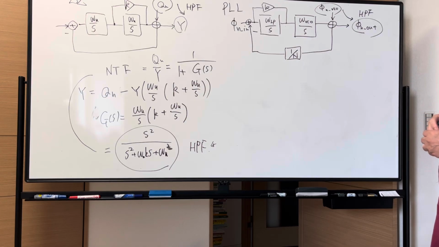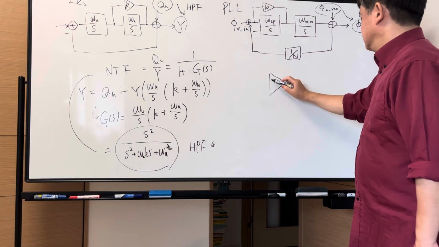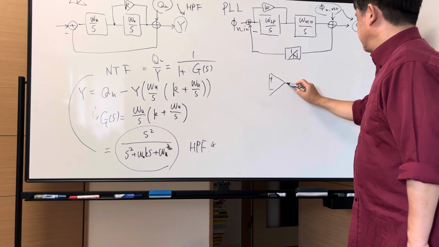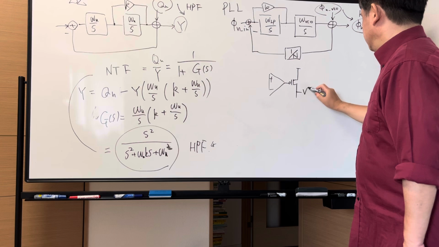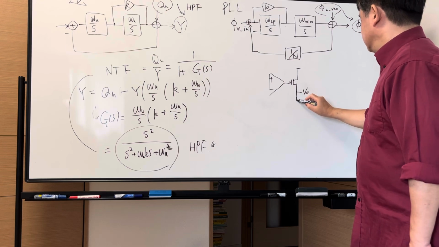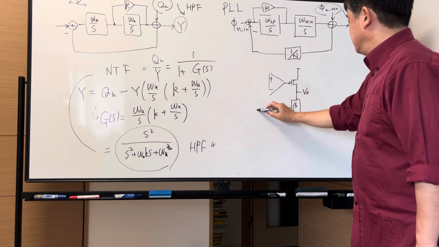Let's describe another situation. We have an LDO like this one, with a P-channel pass transistor, regulated output, and the voltage divider feedback factor.